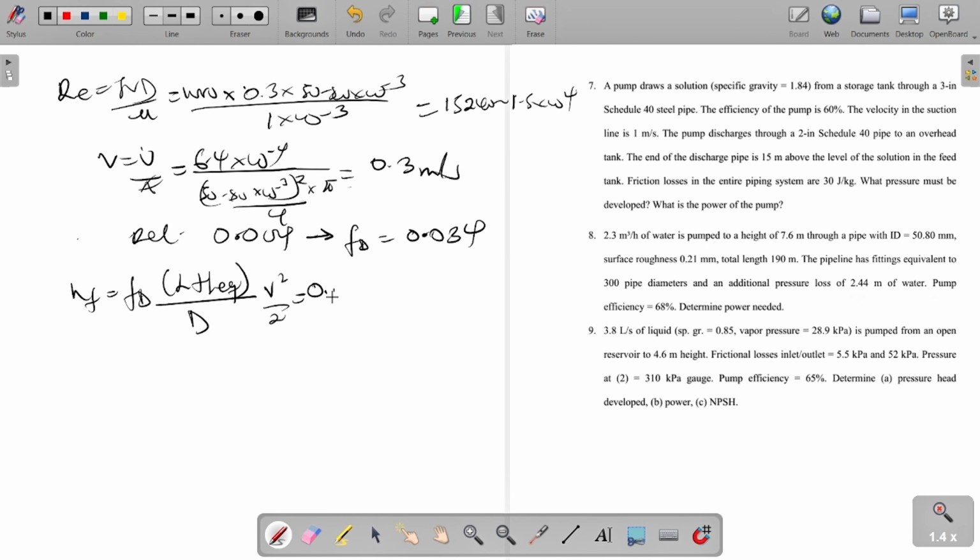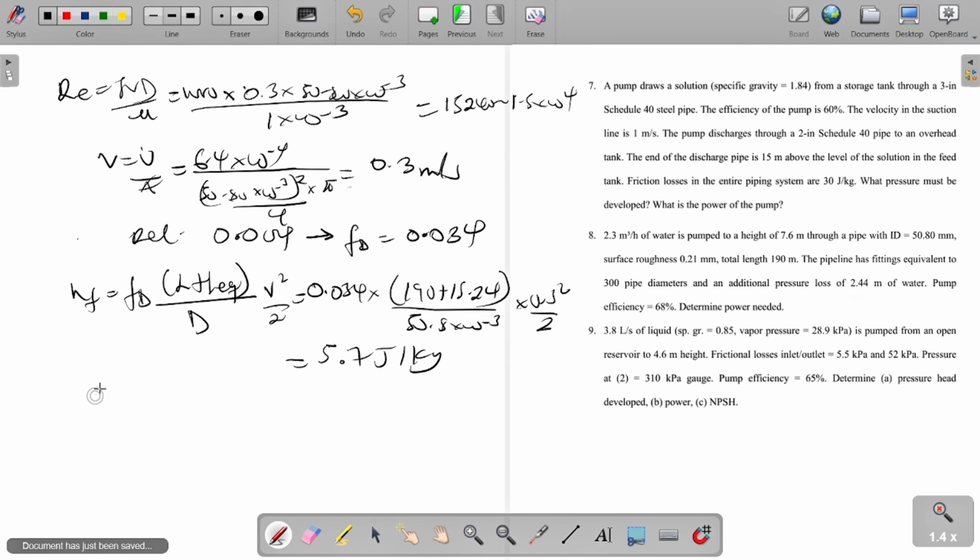So the fD is 0.034, then L was 119 plus 15.24, the equivalent length, over the diameter, then 0.3 squared on 2, which is the velocity. That gives me 5.7 joule per kilogram. Since they gave us an additional pressure loss, we add the 23.9 to the 5.7, and we get 29.6 joule per kg.